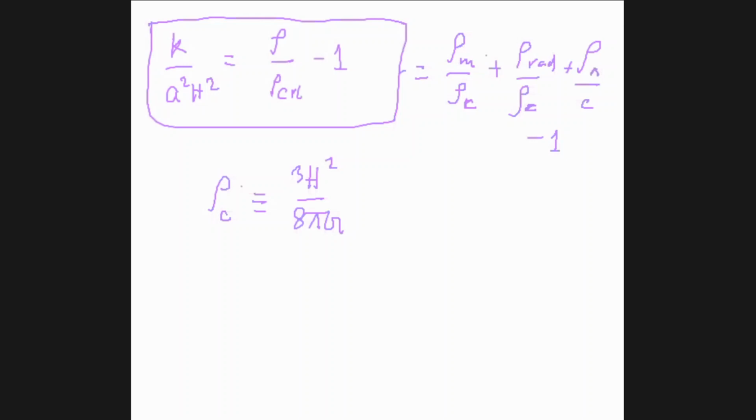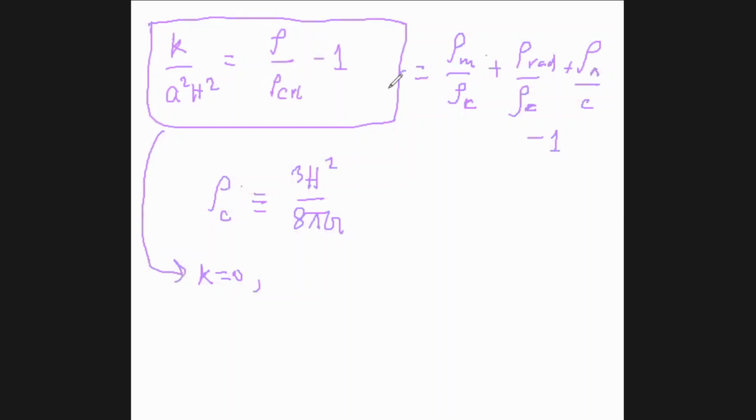Okay, very nice. So now we'll go one step ahead. This term, rho by rho critical, is defined as omega. This is a new definition. So now, for example, suppose that k equals 0. It might not be, but we know from observation k equals 0. For a flat universe, rho by rho critical is equal to 1.